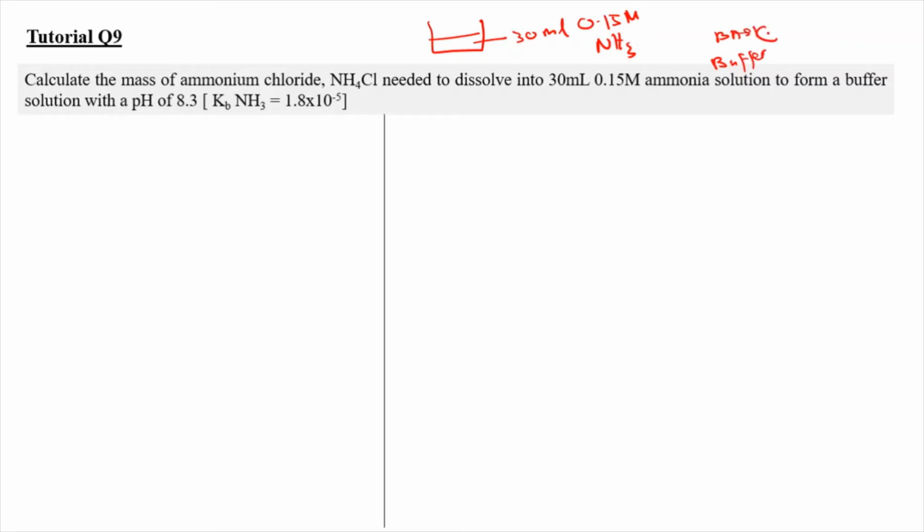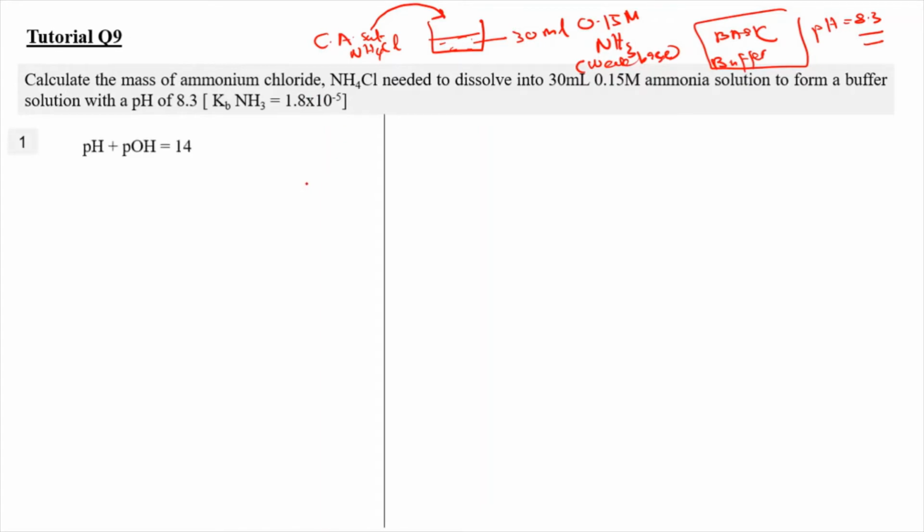So we have our weak base here, and then a certain amount of salt, which is a conjugate acid salt, NH4Cl, going to be added into the solution of the weak base in order to form a basic buffer with a pH of 8.3. And then the Kb value here is given to be 1.8 times 10 to the power of negative 5.